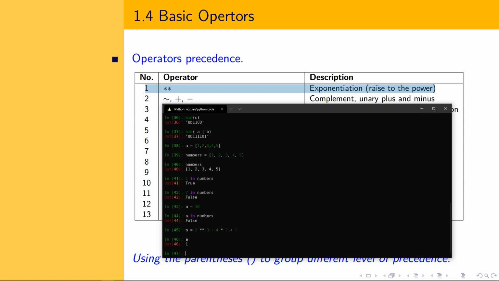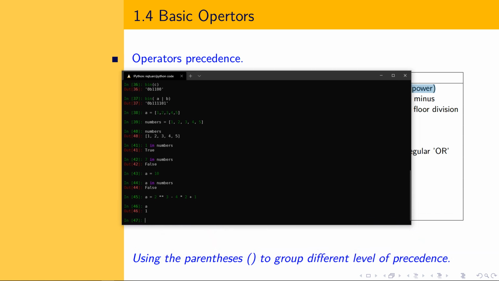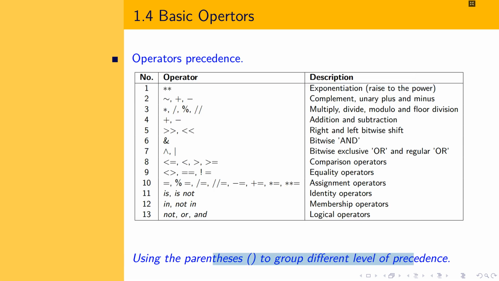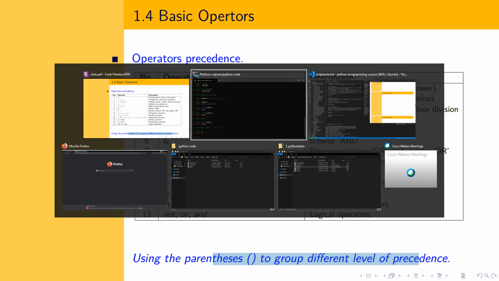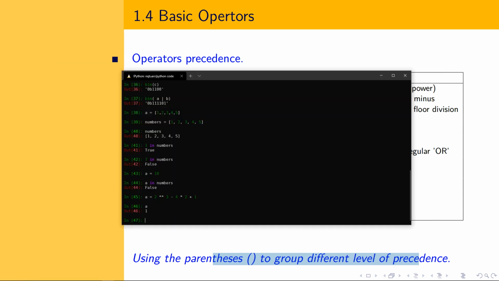And you can use the parenthesis, which is the bracket, to group the different levels of the precedence. So the parenthesis is very important for you to write a very beautiful expression to group the expression.